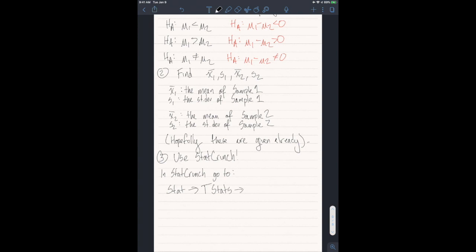This is because if we were to do this by hand, we would need t-scores. We would need that Student's t-distribution table that you guys already have. After you choose T Stats, you can go to Two Sample. And then you can go to With Summary. Let me just put this on the next line.